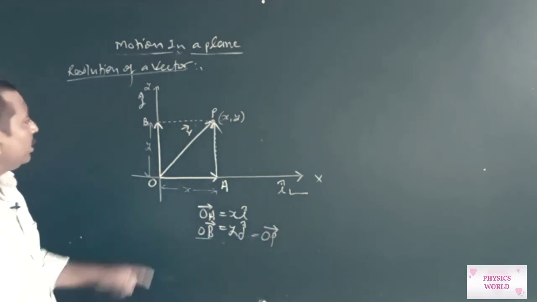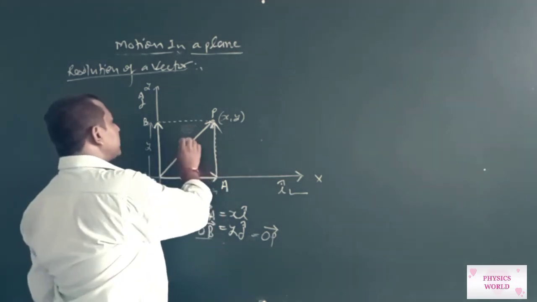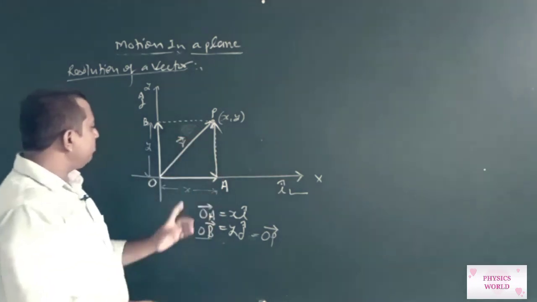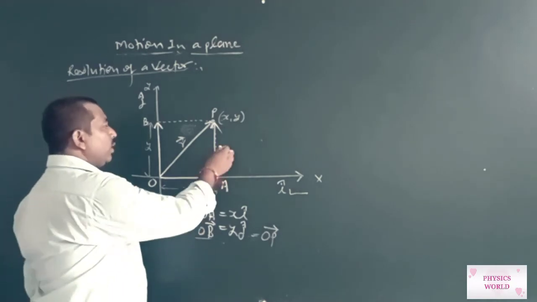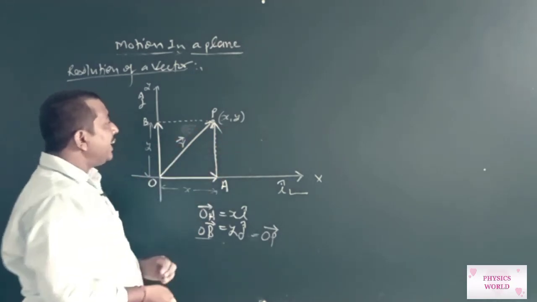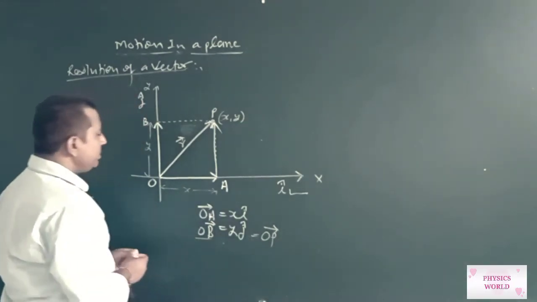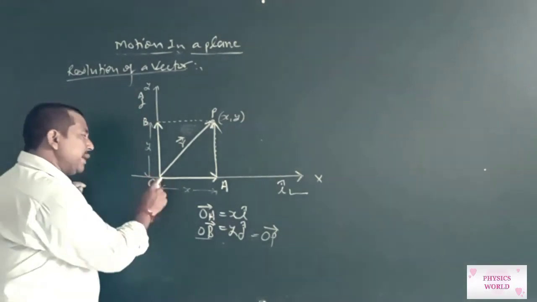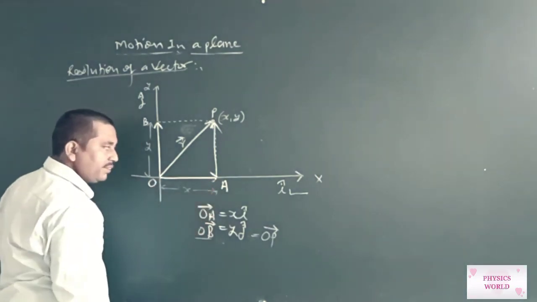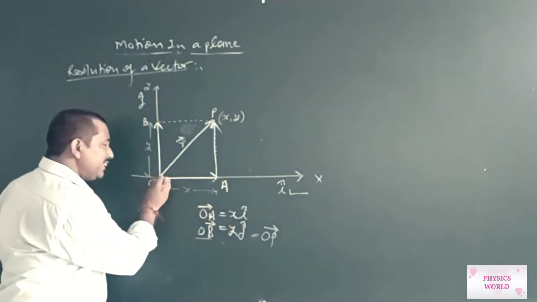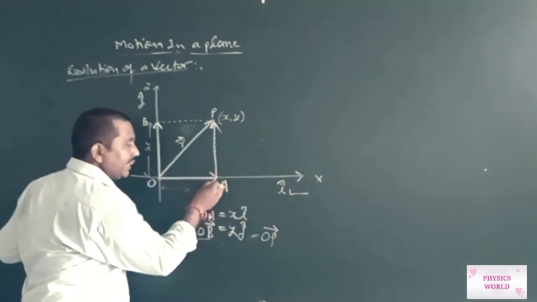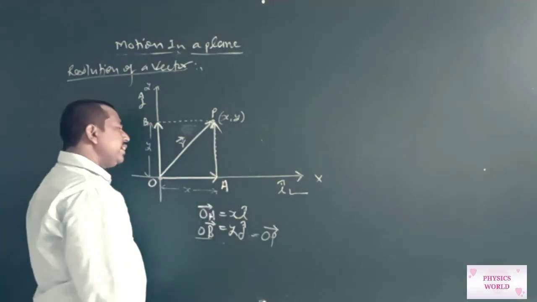If we want to know the value of this vector R in terms of x and y, we apply the triangle law of addition. Suppose vector OA is the first vector, with a tail and a head.